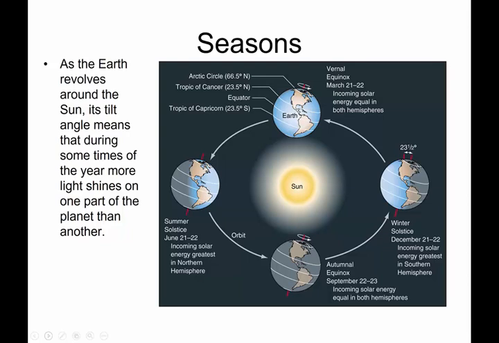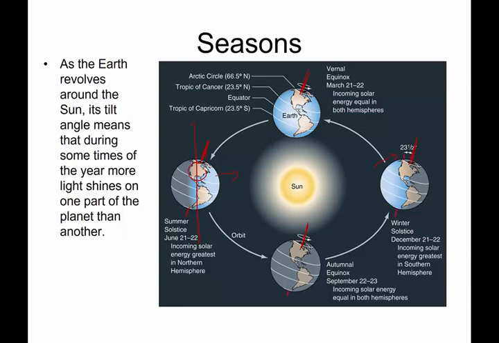Here's how this works. Now, the Earth is rotating on its own axis like a little top, but the top of the Earth is about 23.5 degrees off from that straight up and down line. And what that means is at different times of the year, the northern hemisphere where we live is tilted towards the sun, and some times of the year we are tilted away from the sun.